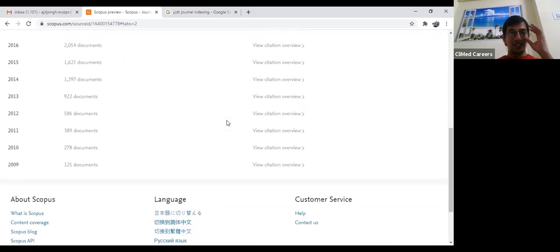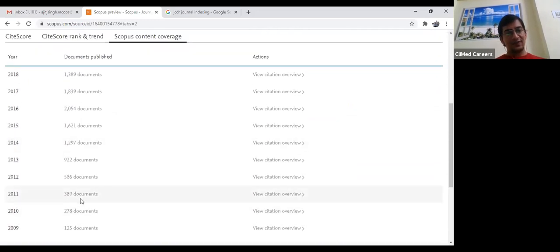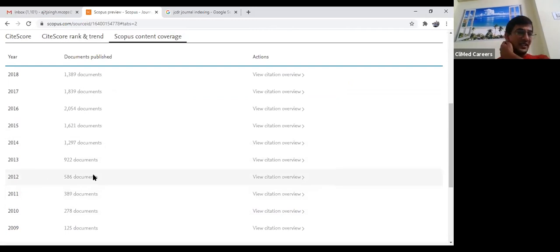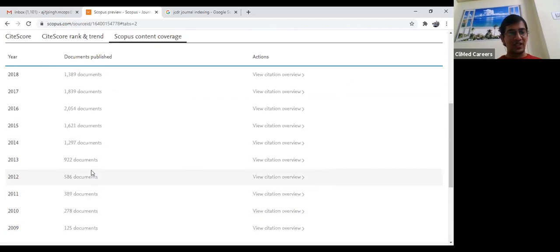In 2009 they published 129 articles. 2010, 278 articles. After 2012, suddenly their number of articles shot up. When they came into Scopus, they started making money, publishing more than 1000 articles in a year, almost 100 articles per month.